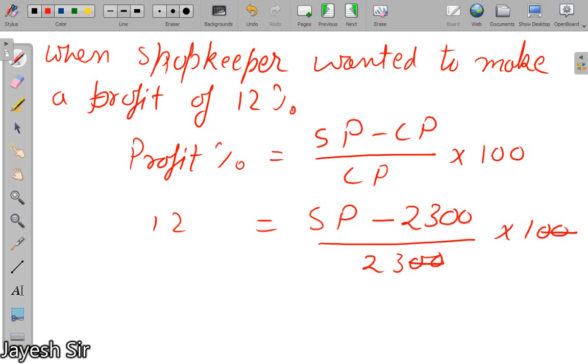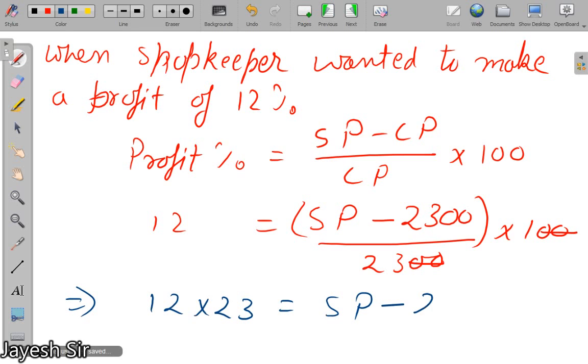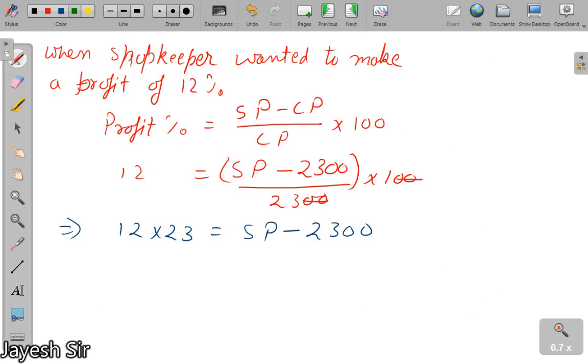I will simplify it quickly. So 23 is transported to the other side. This will be 12 into 23 is equal to SP minus 2300. So let us multiply 23 and 12. 12 3s are 36, 3, 12 2s are 24 and 27.